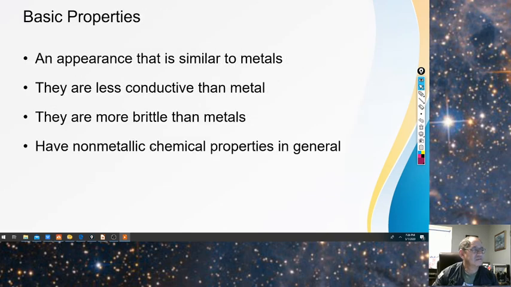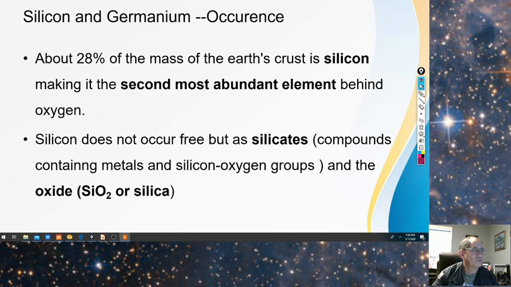Okay, let's see here. Silicon does not occur free, but as silicates.